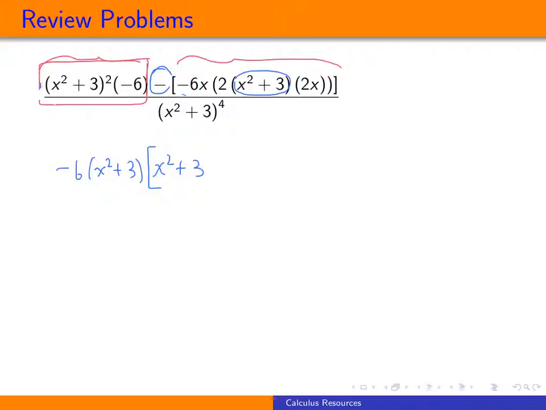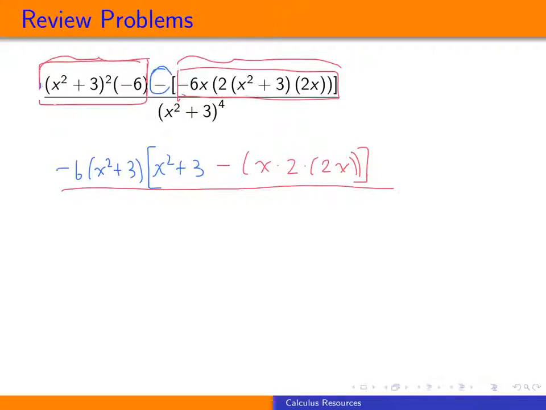Now I want to look at the second thing over here and see what's left when I factor out that negative 6 and that x squared plus 3. So I'm going to be left with an x and a 2 and a 2x, like that. And then all of that is still over that x squared plus 3 to the 4th.